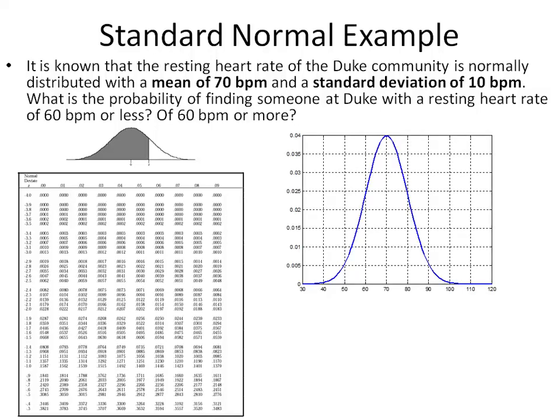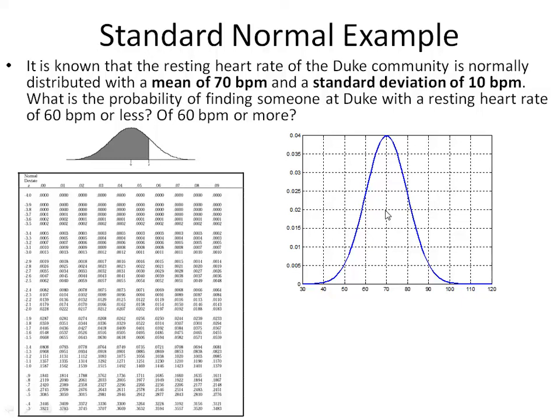So if it's known that the resting heart rates of the Duke community are normally distributed, maybe the probability density function of the heart rate looks like this, where the mean is 70, as you can see from the peak of the bell curve, and the standard deviation is 10.